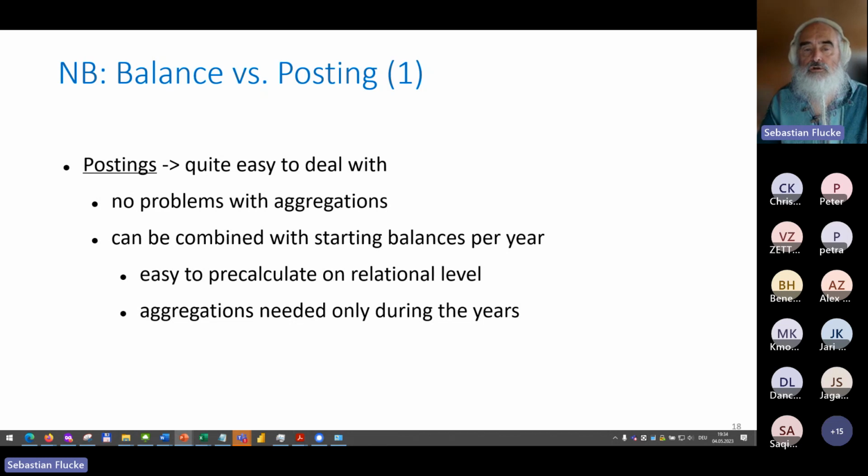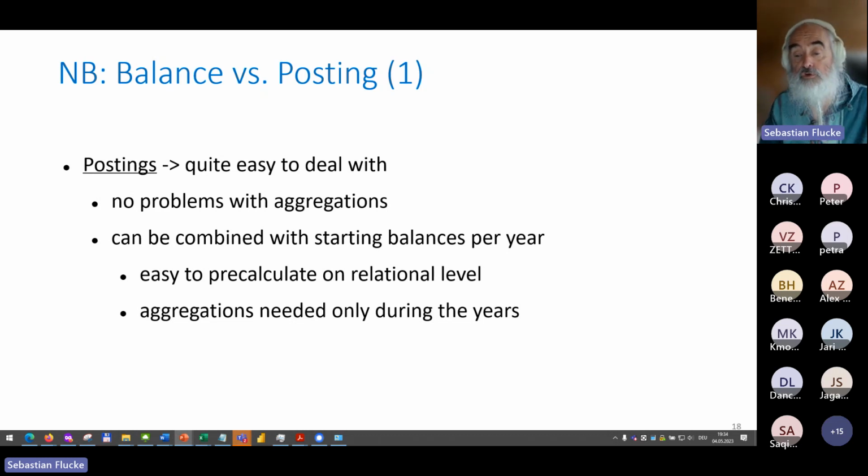The downside of dealing with postings over a very long time is that there is no problem to aggregate, but if you have a long timeline with a big amount of data spread on that timeline, and you need a balance, you want to know how many contracts I have at the end of May for the whole year, then you have to calculate that right now.